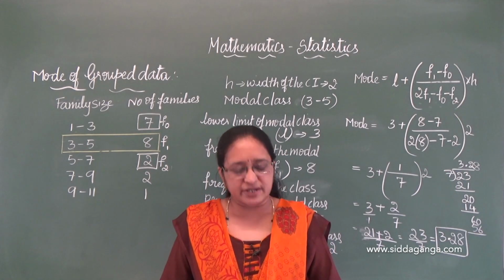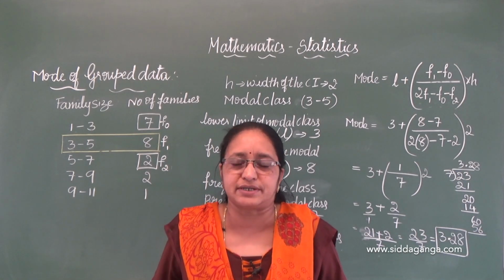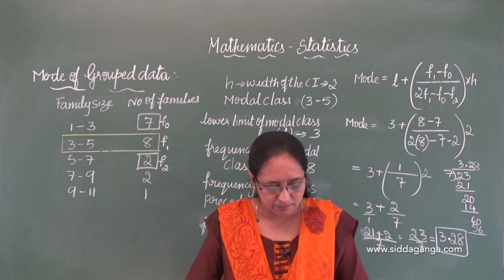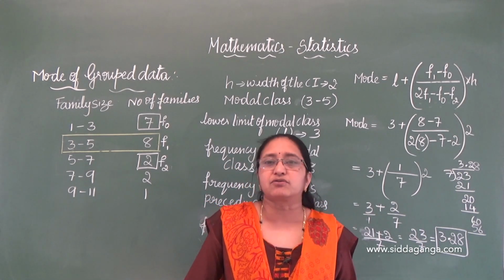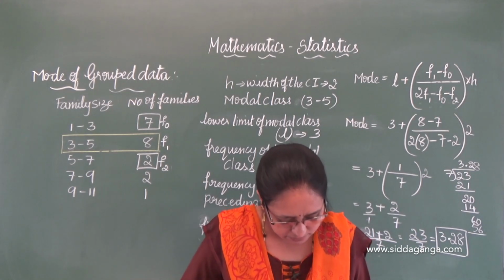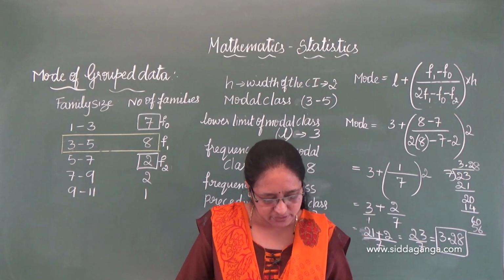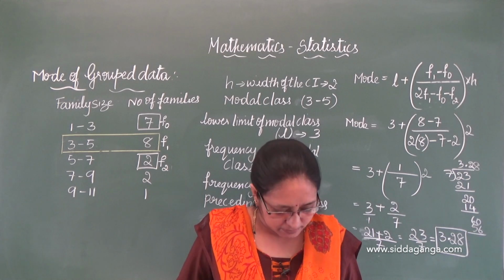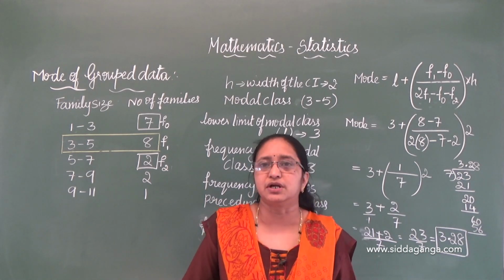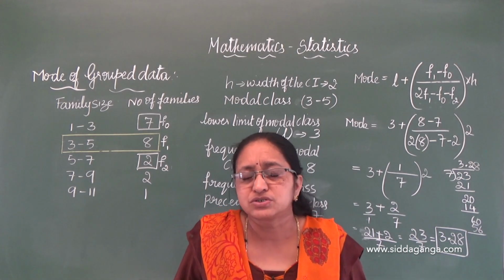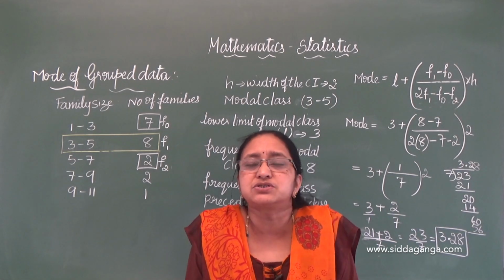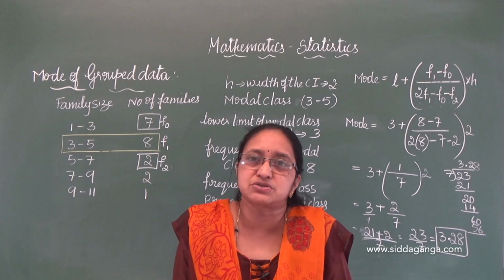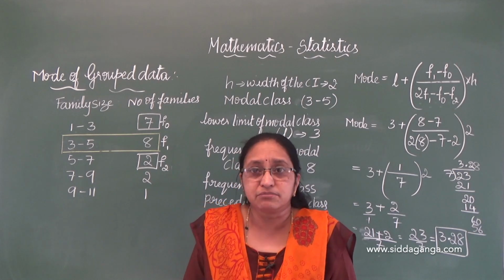If you observe carefully example 6 in your textbook, the same problem they have worked out, and the mean they have got is 62, and the maximum number of students, that is the mode, they have got 52. So what is the main difference? It depends on the interest or the demand.